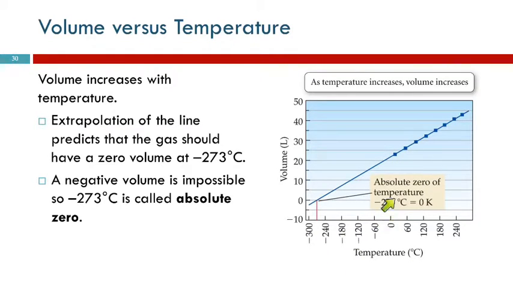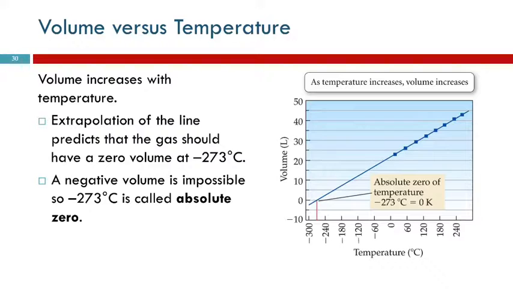So if we start around 0, and then we increase the temperature, the volume increases, and it increases in a linear fashion. If we extrapolate this line, meaning we draw a straight line through these points and we keep going past where we have data, we find that it would intercept the y-axis 0 at minus 273 degrees Celsius.